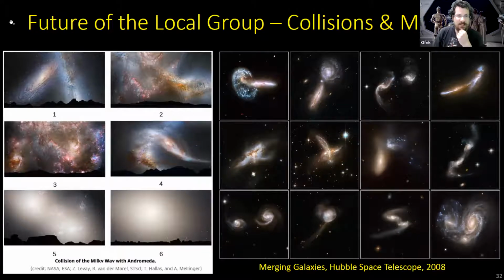Here on the left is a kind of an artist's description of what this might look like to viewers on the Earth. Again, in a very, very long time. At first, you'll see the Andromeda galaxy kind of approaching the Milky Way in the sky. And then as they start to disturb each other gravitationally, we get a big mess of stars and gas floating around. The overdensity coming from two galaxies merging will create a new period of star formation. And so we'll have a lot more blue stars in the sky.